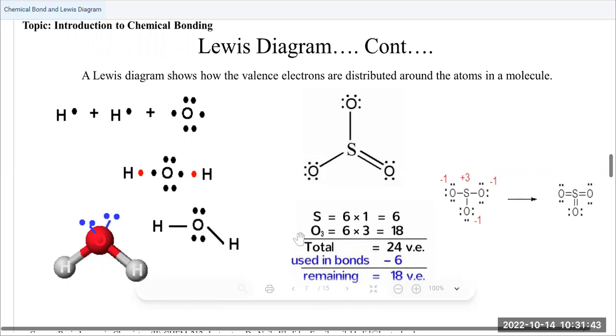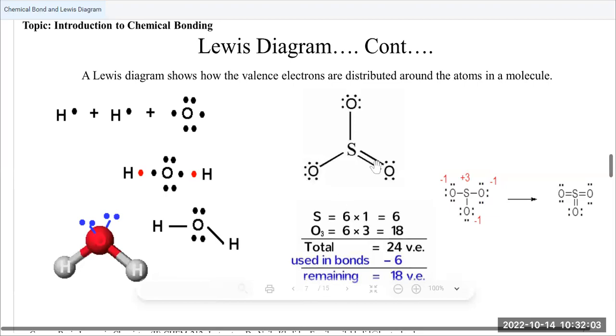Similarly, you can draw it for SO3, sulfur trioxide. Here is the structure of sulfur trioxide. Sulfur and oxygen belong to the same family. That is why they have 6 electrons each. 3 oxygen gets 18 electrons. So overall total electrons are 24.